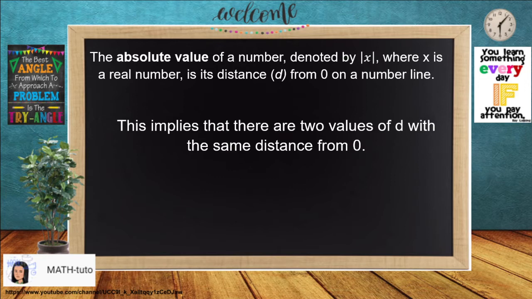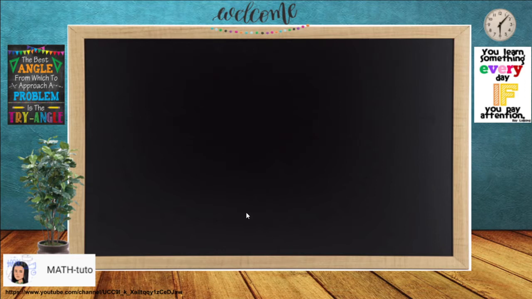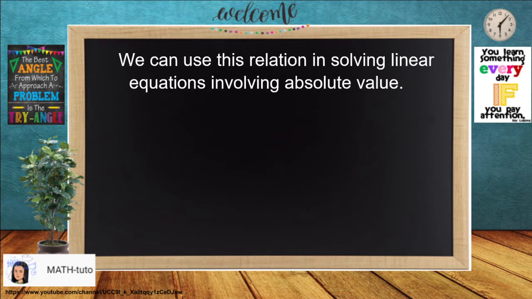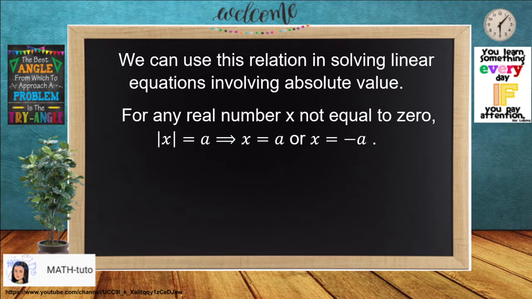One value on the left of 0 and another value on the right of 0. Which means that if we have an equation, absolute value of any number equal to a specific real number, we will obtain 2 values, because absolute value of x can either be equal to a positive value for x or a negative value for x. Okay? Now, we can use this relation in solving linear equations involving absolute value.